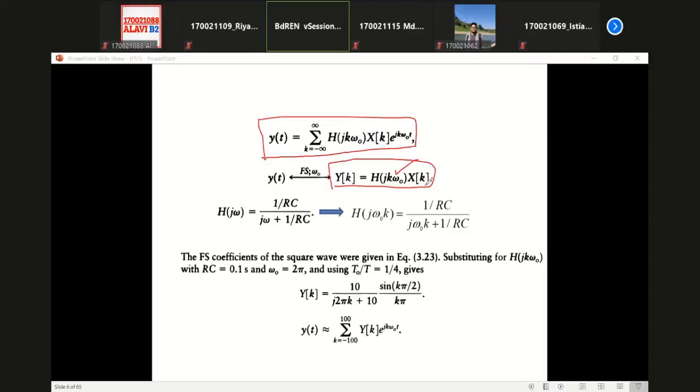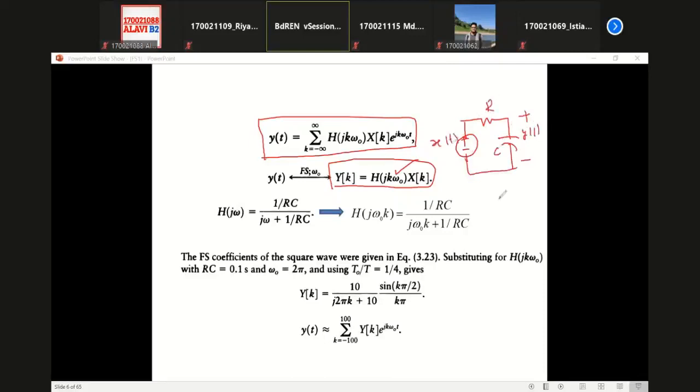So in our earlier example of an RC circuit, how can we find the transfer function? You simply replace your circuit into the frequency domain. This was our output y(t), this is C, this is R, this is x(t).